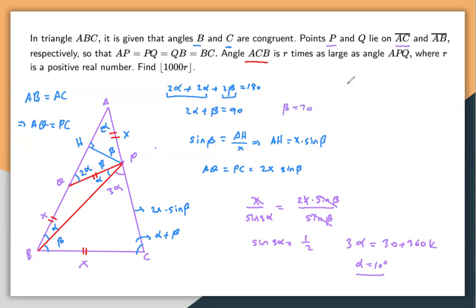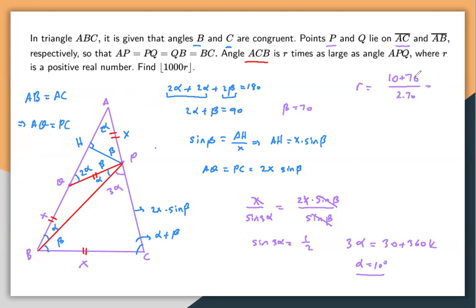What we were looking for was R, where ACB is R times as large as APQ. ACB is alpha plus beta, which is 10 plus 70, over APQ, which is 2 beta, which is 2 times 70.